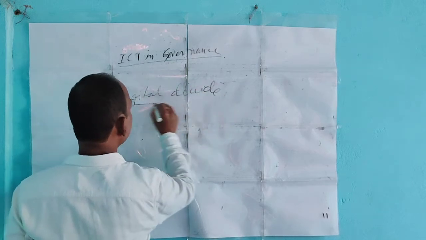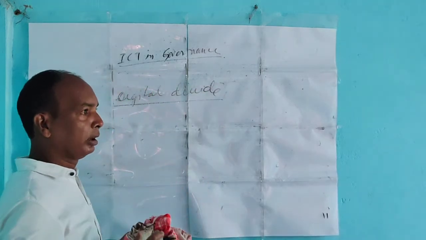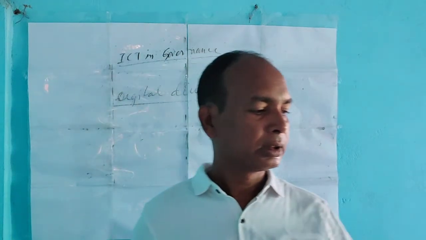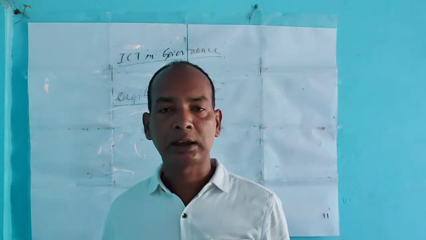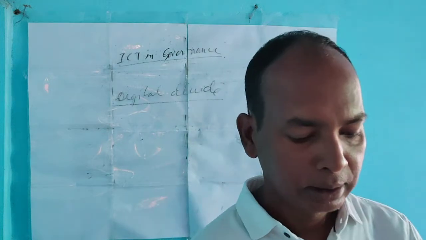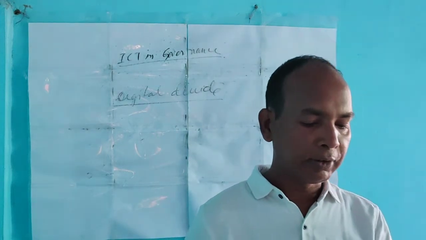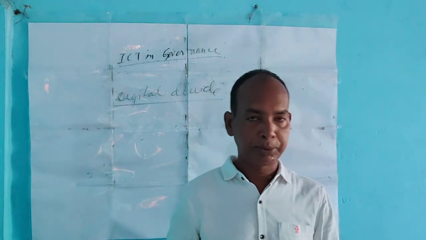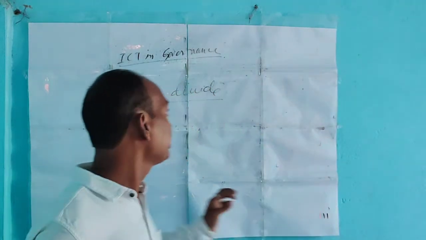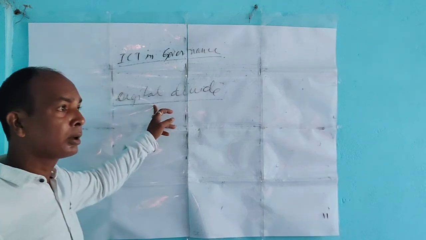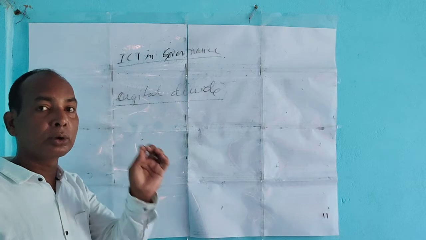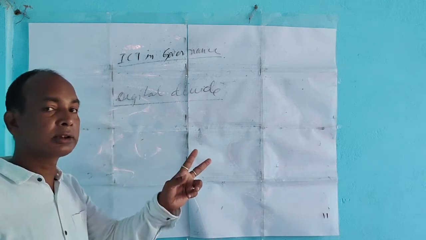See, digital divide means this digital world can divide persons into two parts. One is the person who uses computers, the other who does not. Digital divide refers to the gap. Digital divide means the gap. Which gap? Between the persons who use computers and the persons who do not know how to use computers.